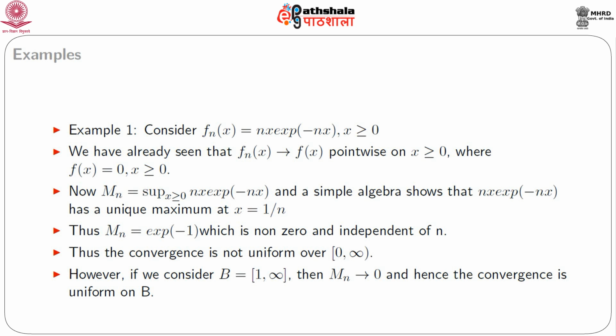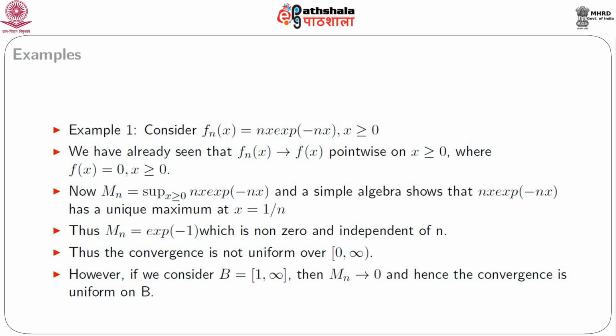In this case, M_n is defined as the supremum over the range x greater than or equal to 0 of nx e to the power minus nx, and simple algebra shows that nx multiplied by e to the power minus nx has a unique maximum at x equal to 1 by n, and thus M_n comes out as e to the power minus 1, which is non-zero and independent of n.